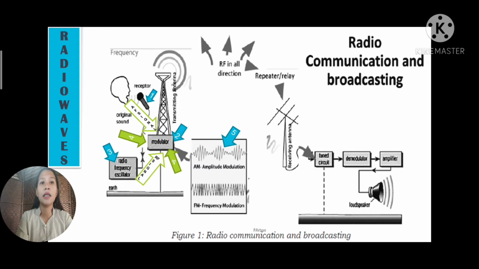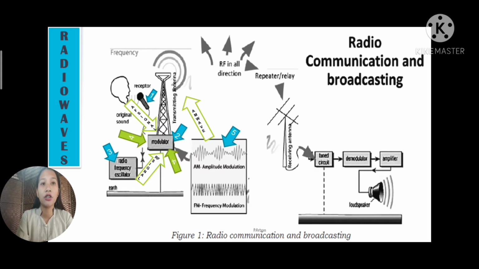In amplitude modulation, the amplitude of the radio waves or the RF signal changes to follow the audio frequency signal. This is used in standard broadcasting because it can be sent over long distances.